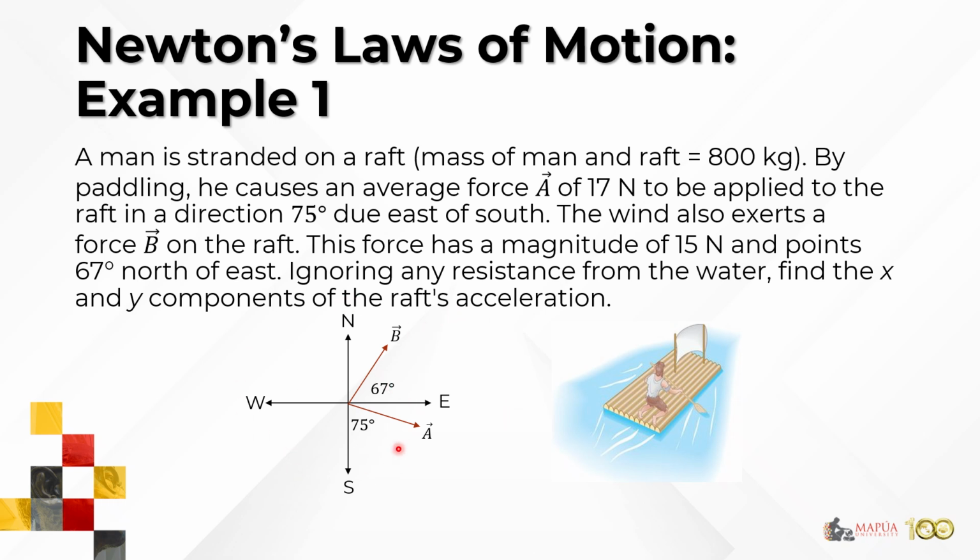For example, here in this raft, we have two forces acting on it: the force exerted by the man and the force exerted by the wind, which is vector B. In our free body diagram, it should point in these two directions: 67 degrees north of east and 75 degrees east of south. So hopefully we know this.